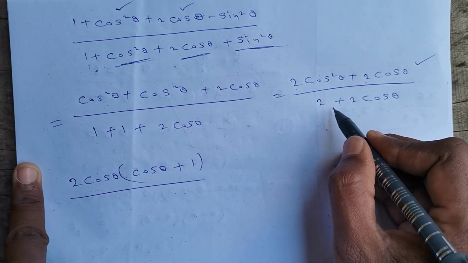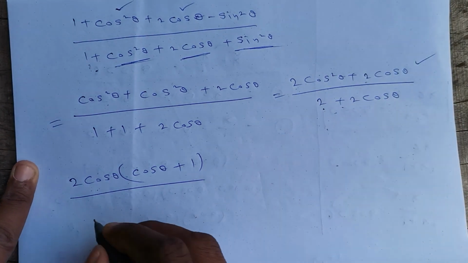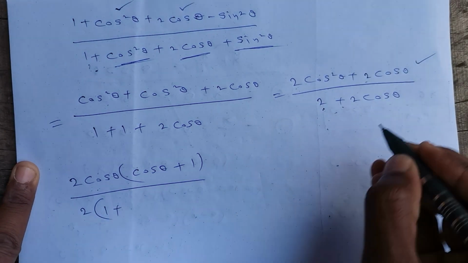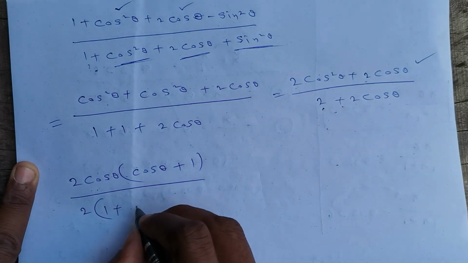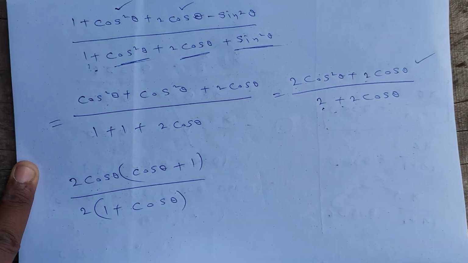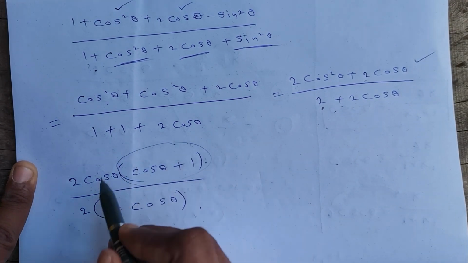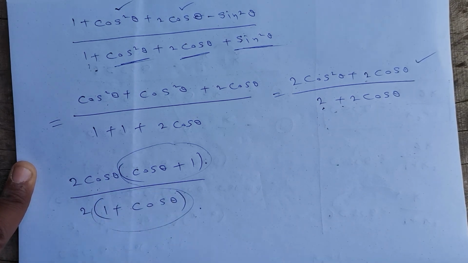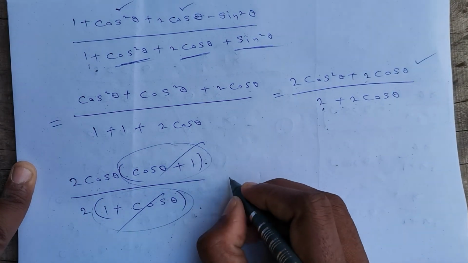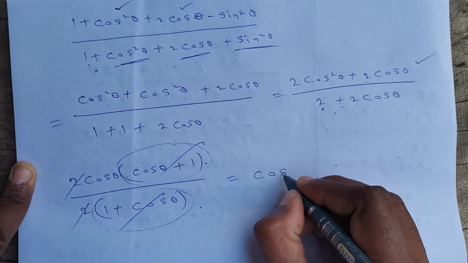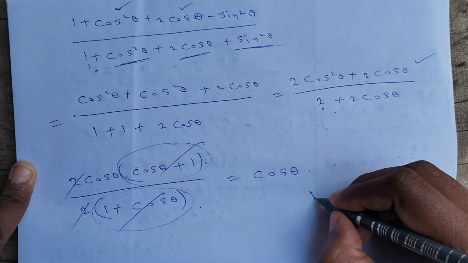From the denominator, 2 plus 2 cos theta, I am taking 2 common, so it remains with 1 plus cos theta. If we observe the numerator and denominator, cos theta plus 1 and 1 plus cos theta are the same, so cancel them. And the 2 cancels, so it remains with cos theta. Hence proved.